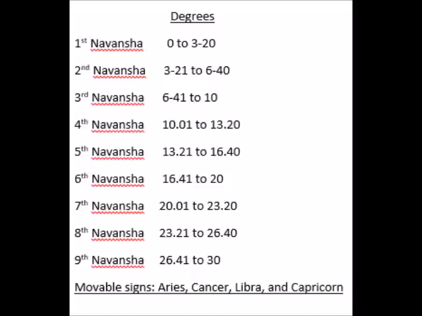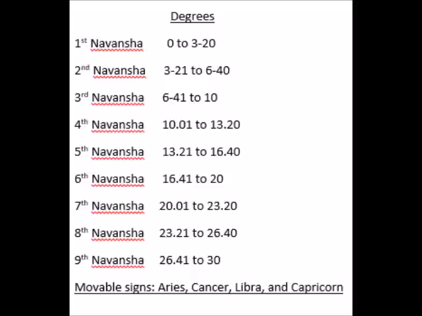As you know, there are 3 classifications of signs: fixed signs, dual signs, and movable signs. The fixed signs are Taurus, Leo, Scorpio, and Aquarius. We've had a video on that earlier. The dual signs are Gemini, Virgo, Sagittarius, and Pisces. The movable signs are Aries, Cancer, Libra, and Capricorn.